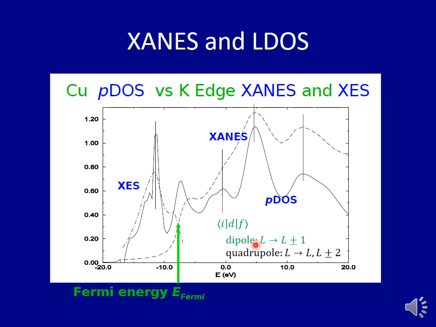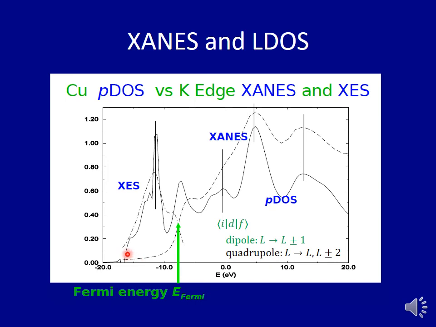And this means that the angular momentum L has to transition to L plus or minus 1. So if you're looking at a K-edge where the core state is a 1s state, then it's going to transition to P states.